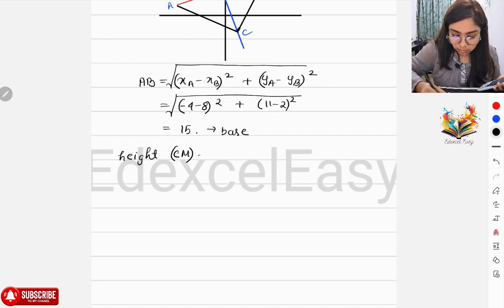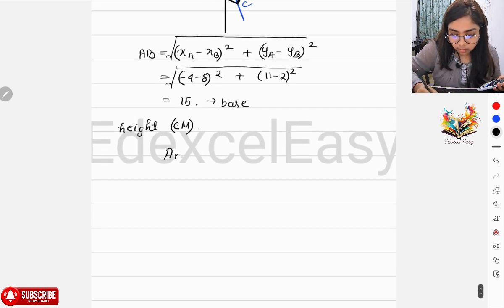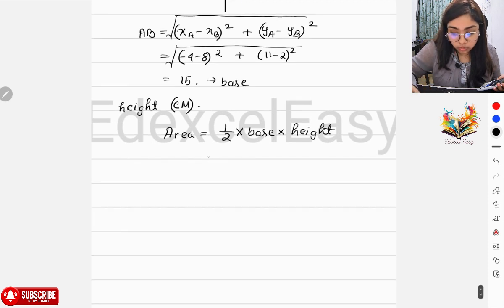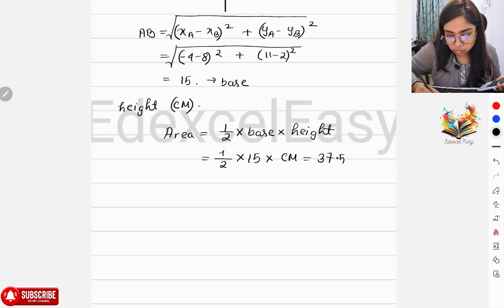And height was CM. Okay, now we can find out the area. Area would be half into base into height. We already know the area of this triangle is 37.5, given. Half multiplied with base 15 multiplied with CM equals 37.5.